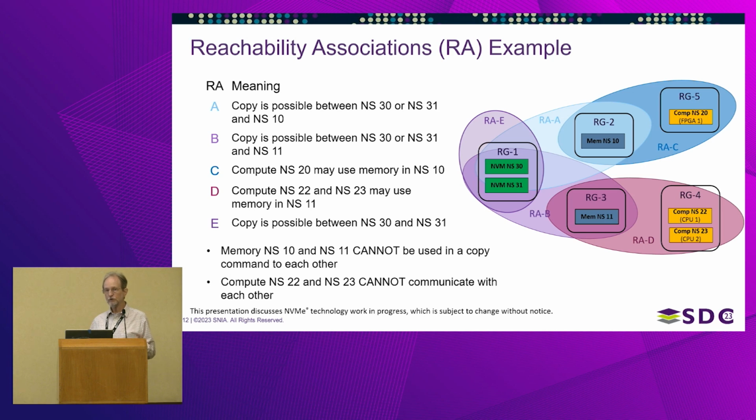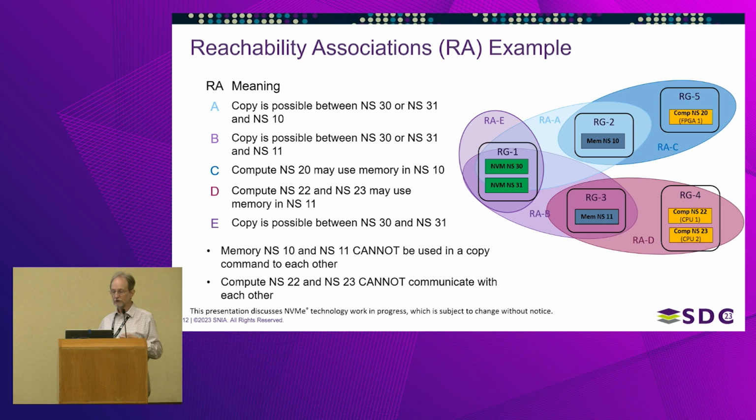So those two compute namespaces can't actually, quote unquote, reach each other. Okay, so to clarify that, what we have said is that if you have multiple namespaces in a reachability group, they are only able to reach each other if they are in a reachability association that only specifies that group.